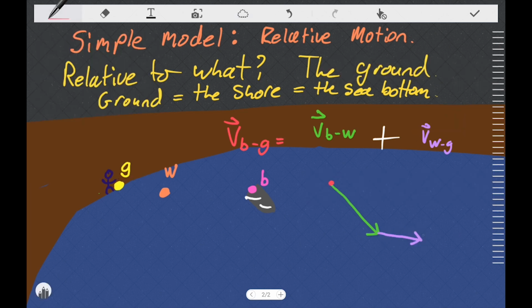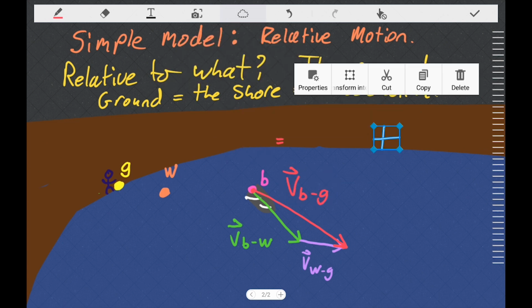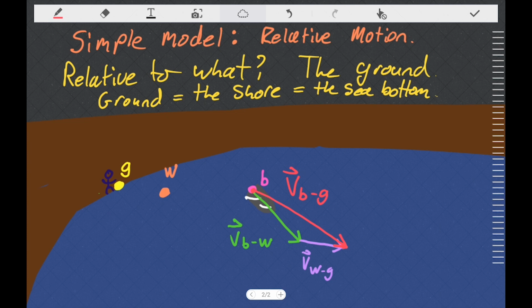And if we draw a vector arrow that connects the tail of VBW to the tip of VWG, we'll have our vector VBG. And this vector arrow is going to represent the velocity of the boat relative to the ground. Again, in other words, that's going to be the velocity that the person standing on the ground would perceive that the boat is moving.